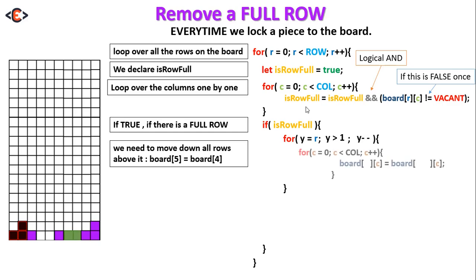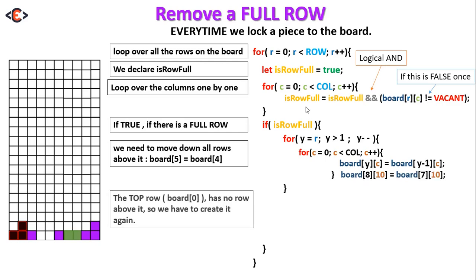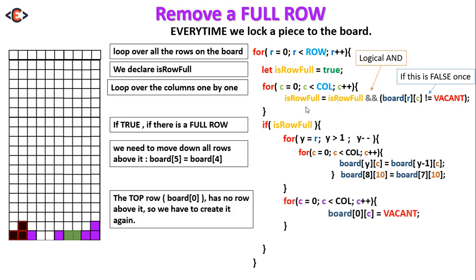Then we will use another for loop to loop over the columns, and then we say board with index y equals board with index y minus 1. So every row equals the row above it. This is how we move down all the rows. Now you must know that the top row, the board with index 0, has no row above it, so we have to create it again. So we need to use a for loop and set all the columns of the first row equal to vacant. And then we have to increment the score by 10.